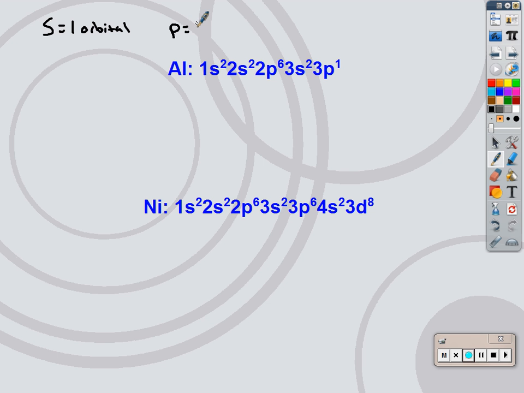P orbitals are actually a set of three separate compartments, each one holding two to give us that maximum of 6. D orbitals are actually 5 separate compartments. Again, each one holding a maximum of 2 electrons for our total of 10.